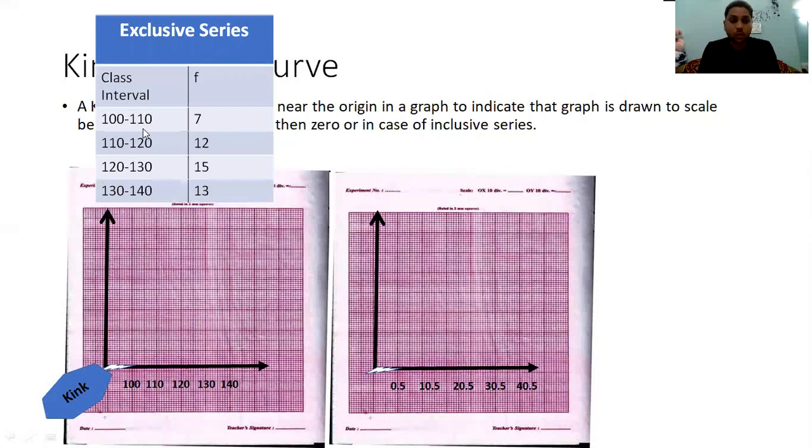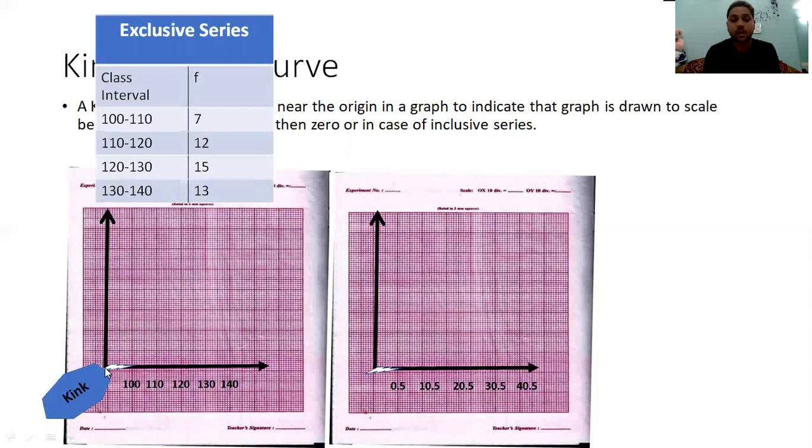Then it is not feasible to mark the divisions starting from 10 here, as you will run out of the graph. So to reduce that complexity, or to compress the graph, we have to use the kink here. Look at the white zigzag that we have applied here.